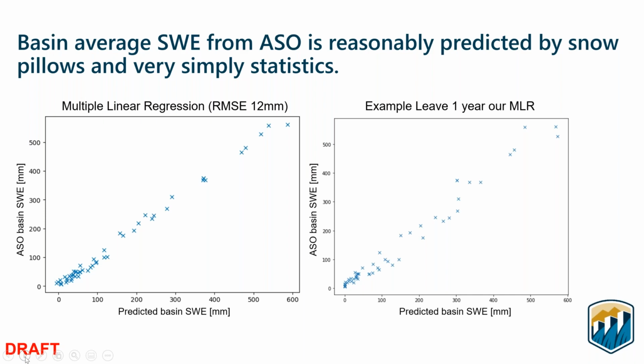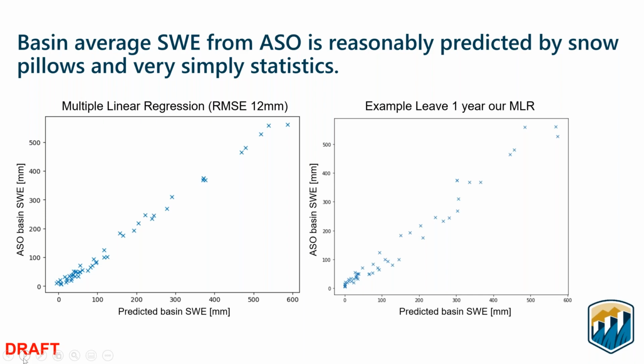But what you see as we start to break that relationship up a little more and make it a little more robust, in the right-hand plot, is that the relationship becomes less tight. This is cross-validated using a leave-one-year-out approach. Basically, each year of data was left out, and a stepwise regression was performed on the remaining stations to find, quote unquote, the best stations. And then this regression was fit to predict the flights that were left out.